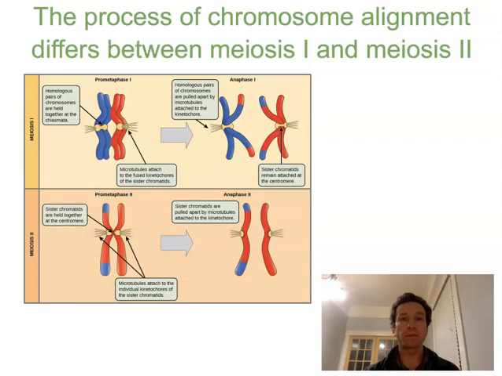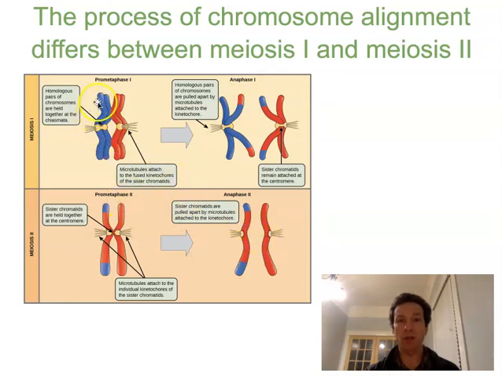So let's see. Here's a diagram that shows this fairly nicely. On the top half, we see what prometaphase 1 and anaphase 1 looks like in meiosis. On the bottom half, we see what prometaphase 2 and anaphase 2 looks like.